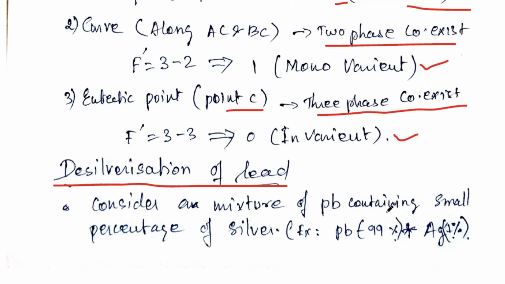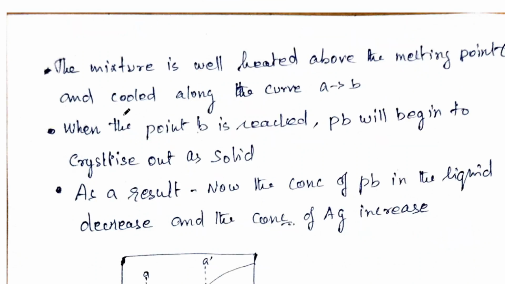Let us consider a system where lead is 99% and silver is 1%, and this mixture is heated well above the melting point.